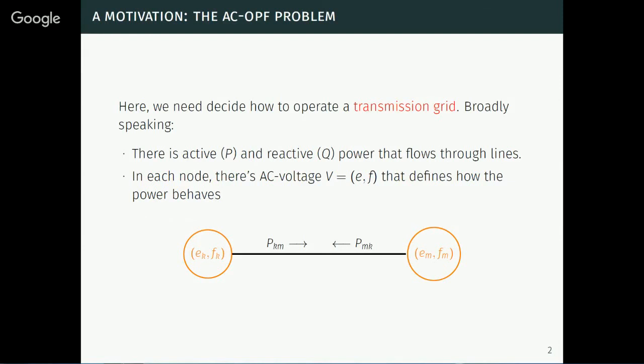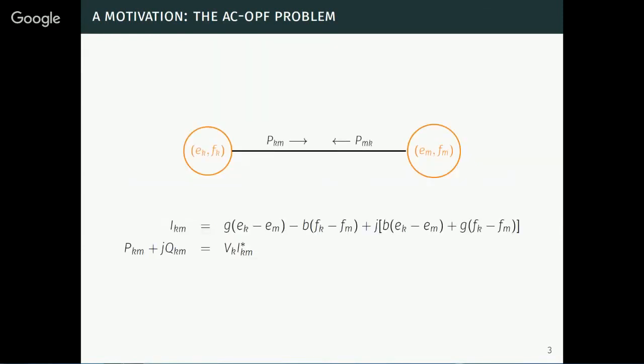So how does this power equation look? Given one line, you'll have two different powers. The power you can think of as the power on this line that this node sees. We'll call that P_KM, and the other one P_MK, which is not necessarily the same because there are some losses, for example.